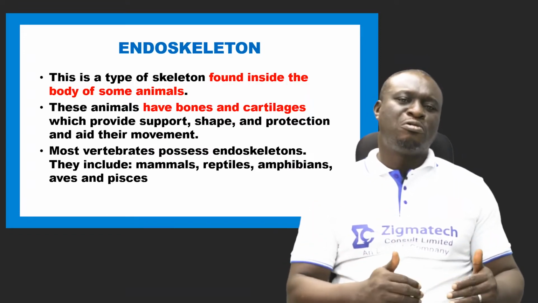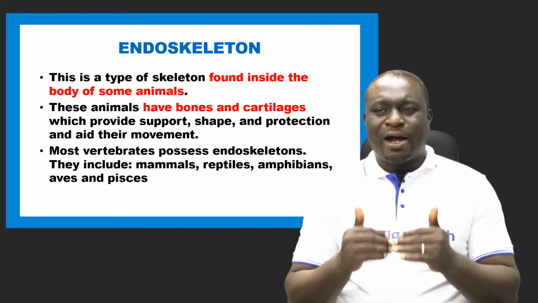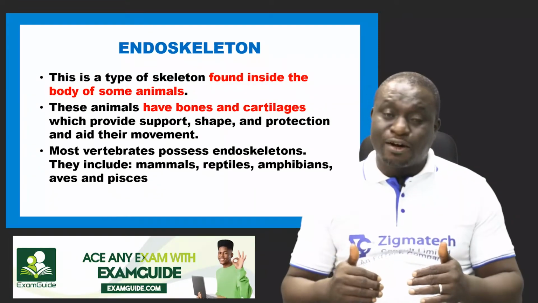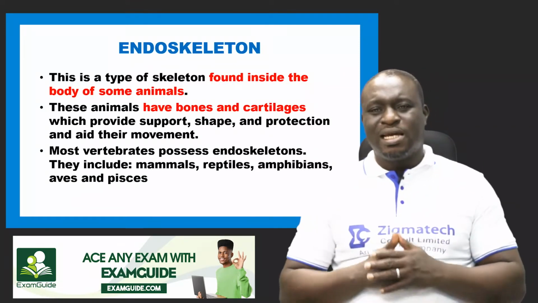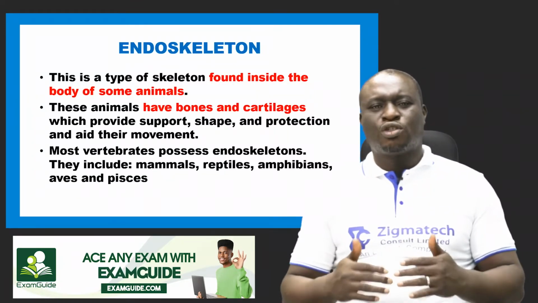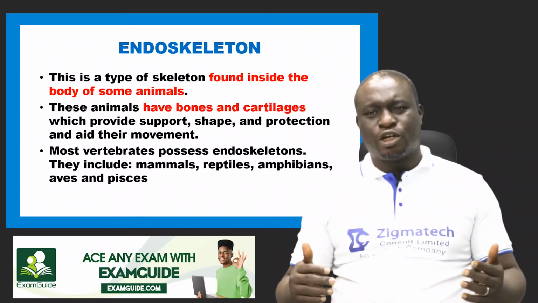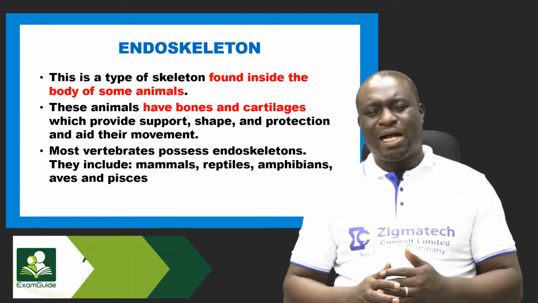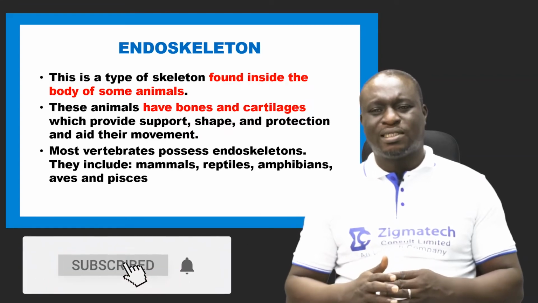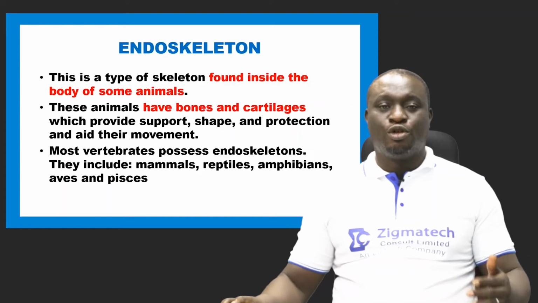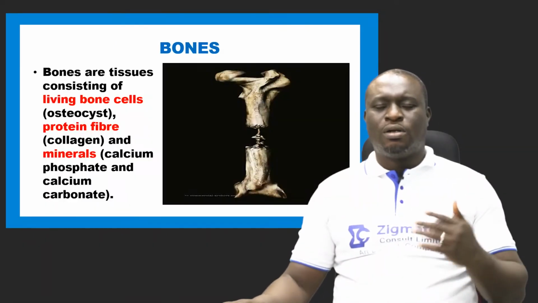And it is these bones and cartilages that provide support, shape, provide protection, and also aid movement in these animals. Now, most vertebrates possess endoskeletons, and these vertebrates include mammals, reptiles, aves, pisces, as well as amphibians.